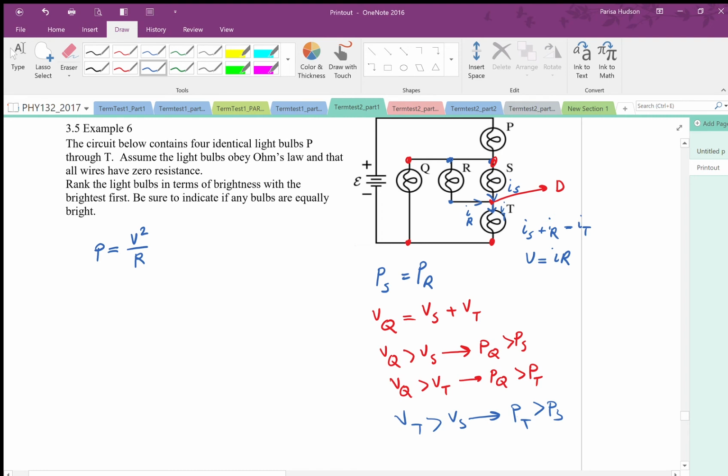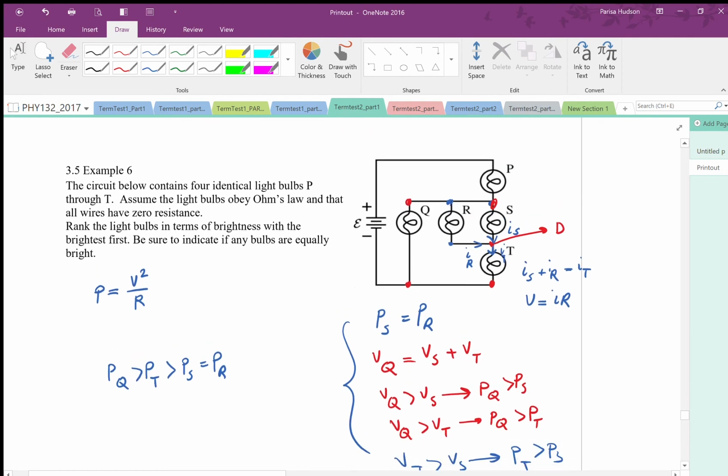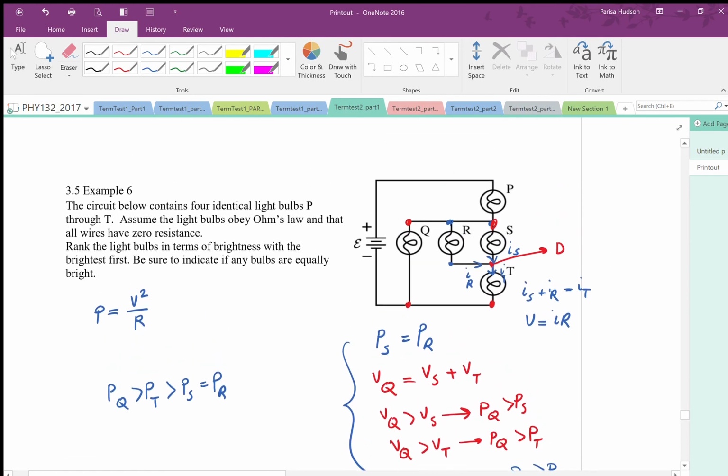So far, I can say PQ is bigger than PT, which is bigger than PS, which is equal to PR. So I'm almost there. I've almost solved the question.